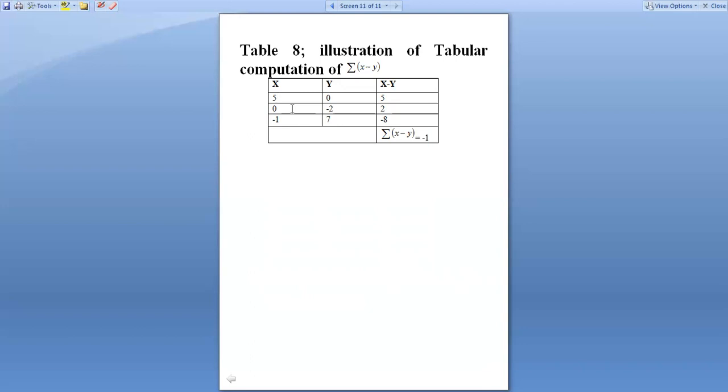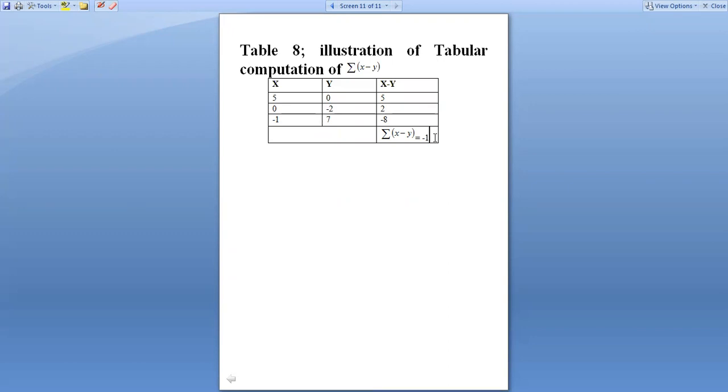By the way, this is a subtraction, and this is a negative, so we could have made a mistake. When you say 0 minus -2, it will give you a 2. And then here, -1 minus 7, it gives you -8. So when you sum up this column, it will give you -1 as the answer for that expression.